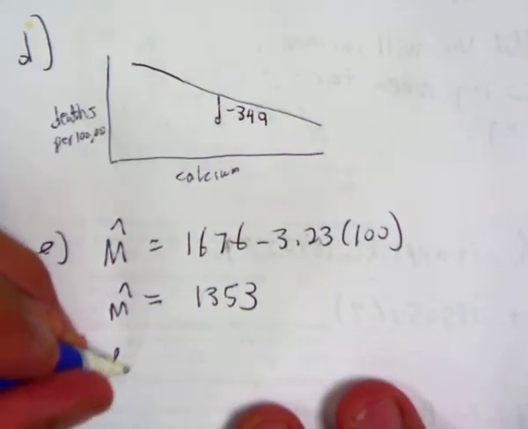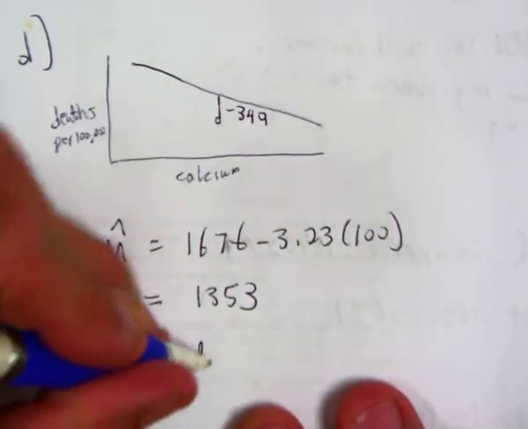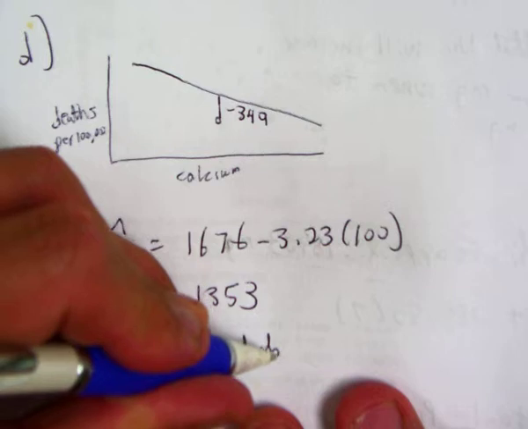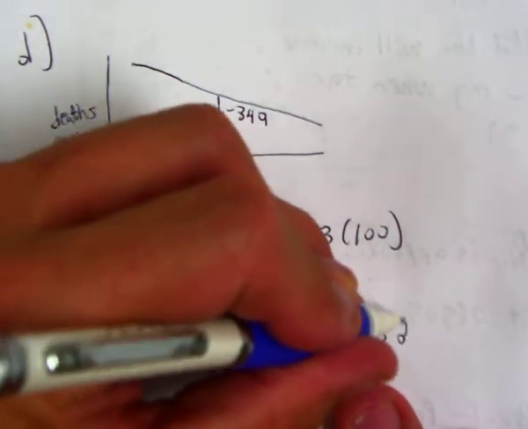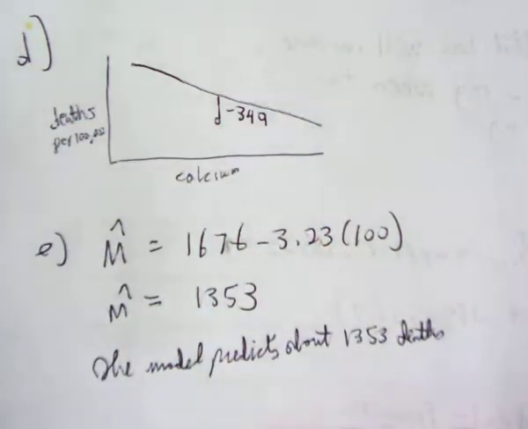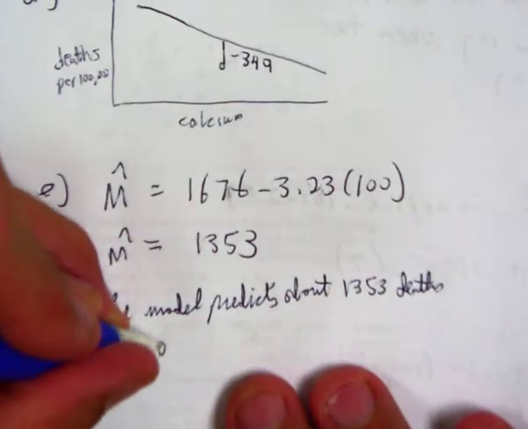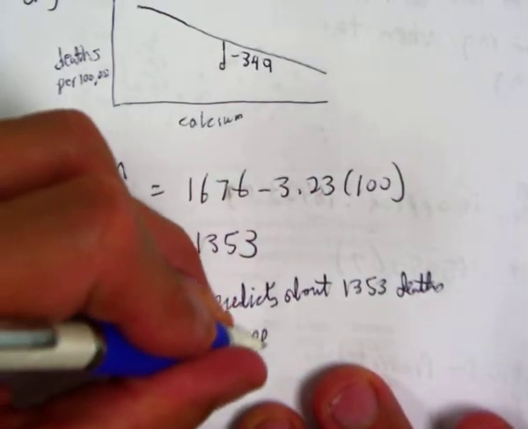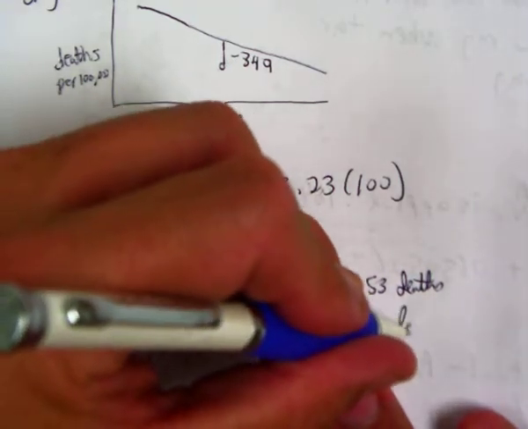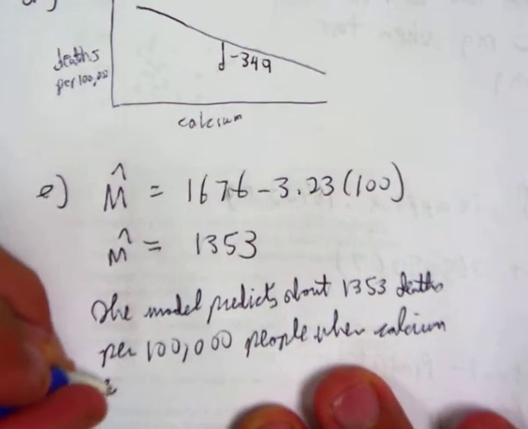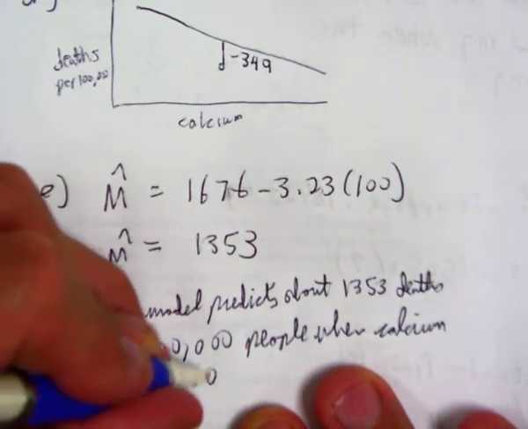So the model predicts about 1,353 deaths per 100,000 people when calcium equals 100 parts per million.